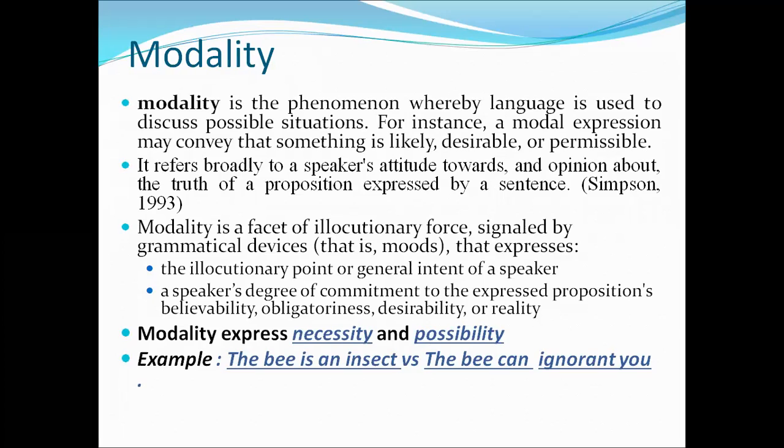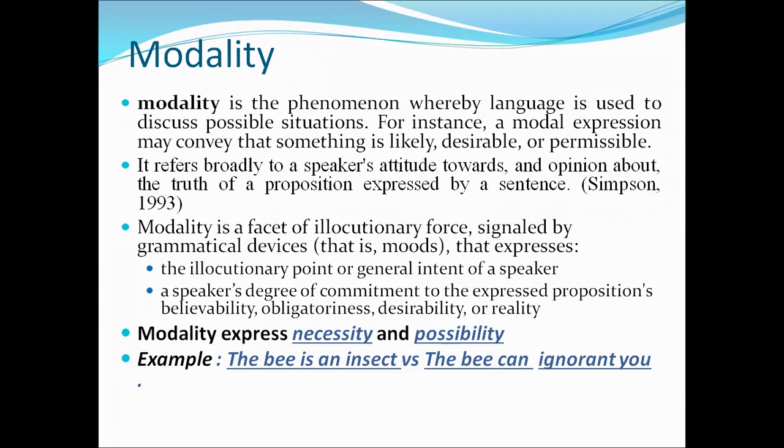If the speaker expresses or says something, the hearer should believe that or not. Whether that is obligatory for the listener or not, or whether that is the desire of the speaker or not, real or not. But out of all these explanations, remember only two things: modality expresses necessity and possibility.